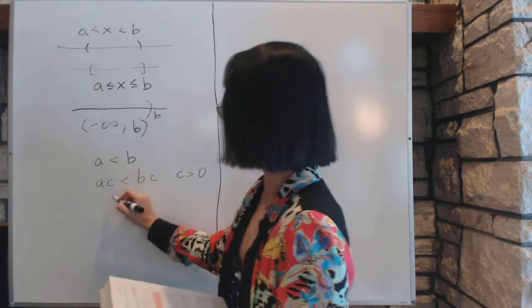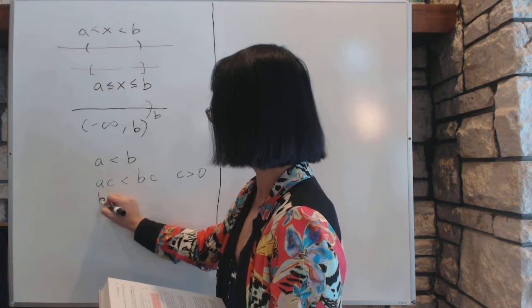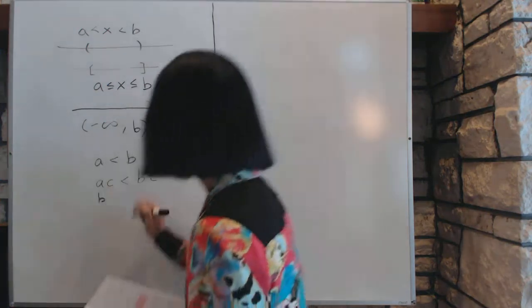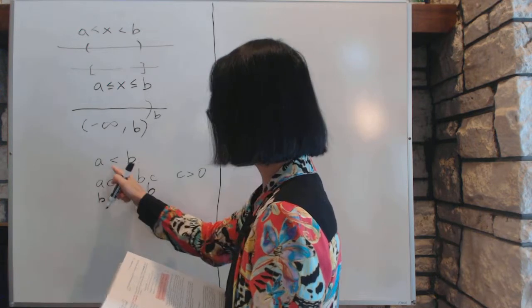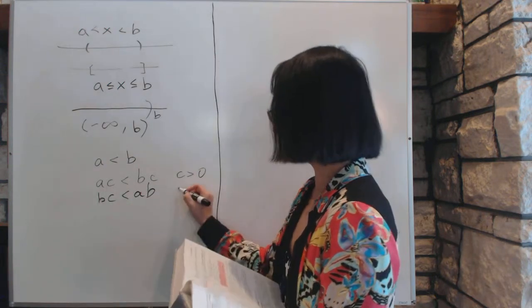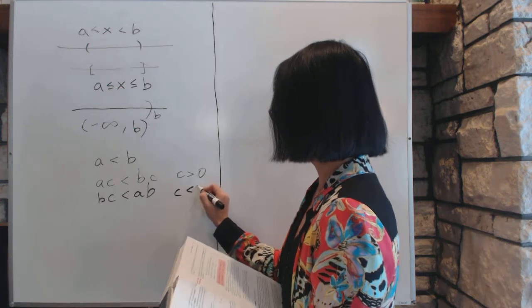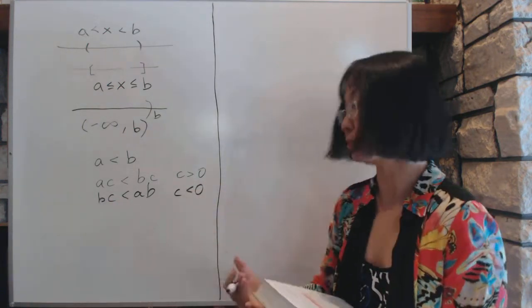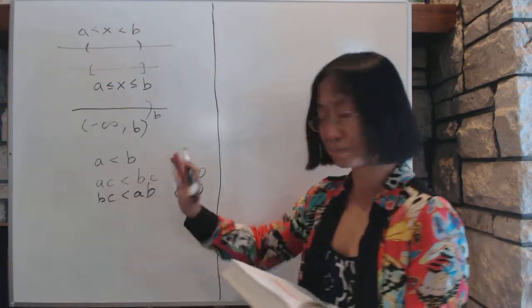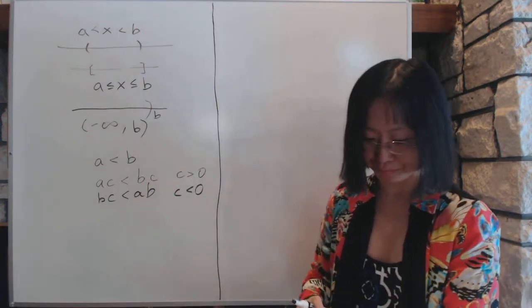If C is negative, then the opposite is true. That is, BC is less than AC, given that A is less than B, if C is negative. Because a negative number multiplied by a bigger positive number makes it even more negative. So then the inequality or the position becomes flipped.